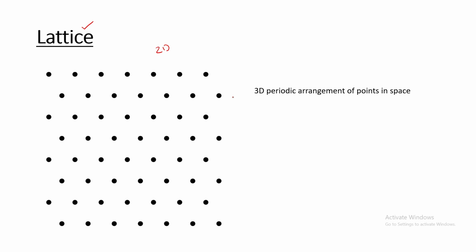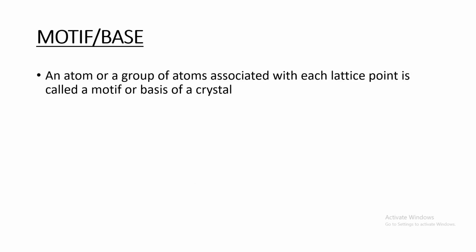That is how these points are arranged in space. Points can be arranged in infinitely many different ways, so you can have any type of lattice. First understand this is a purely geometrical concept. These points will be occupied by atoms or a group of atoms. So let us see that in detail.